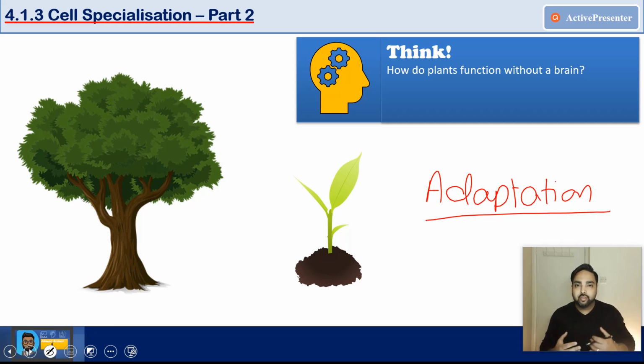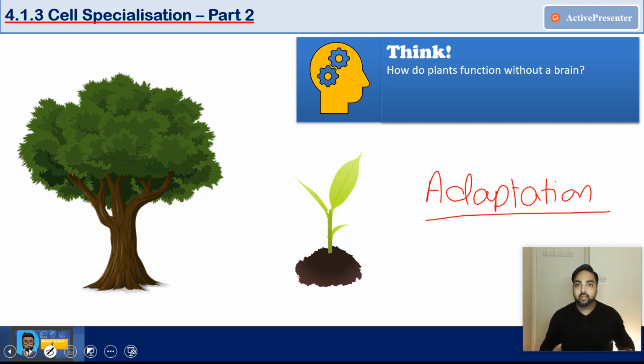That's really interesting when you think about the history of evolution, but we're not going to go into that now. What we're going to talk about, though, more specifically, is adaptations and what adaptations plants have. We're just going to talk about a few of them.